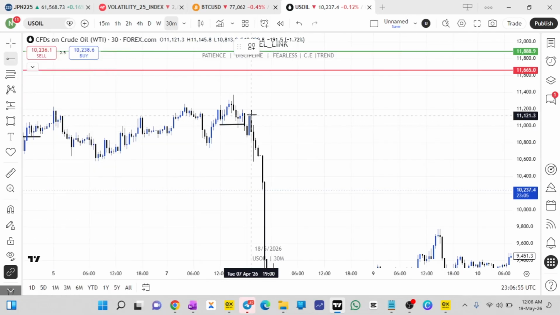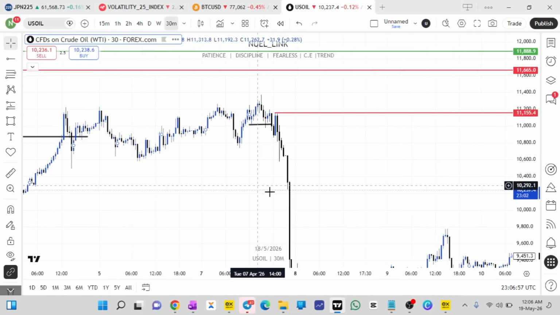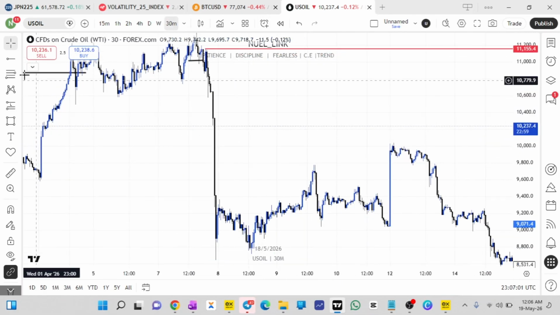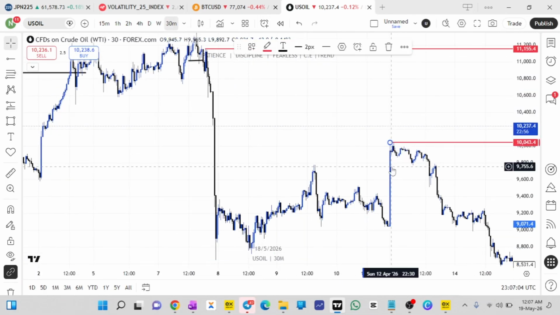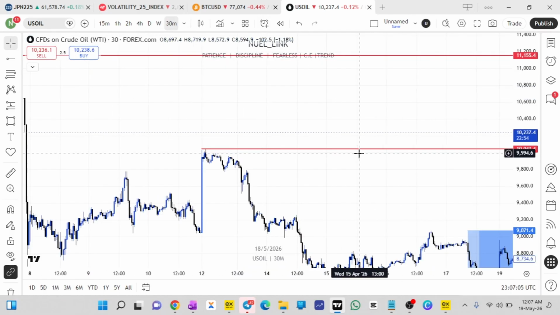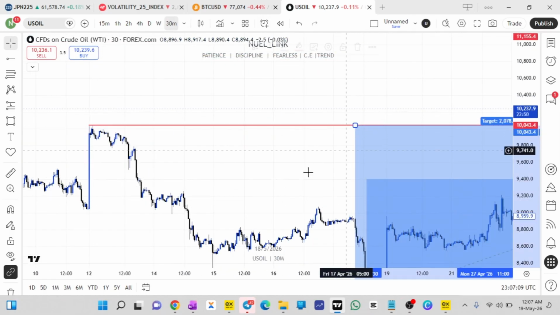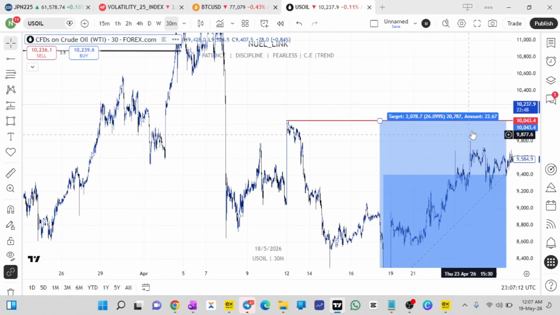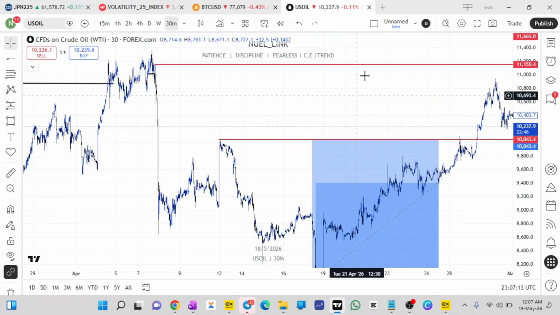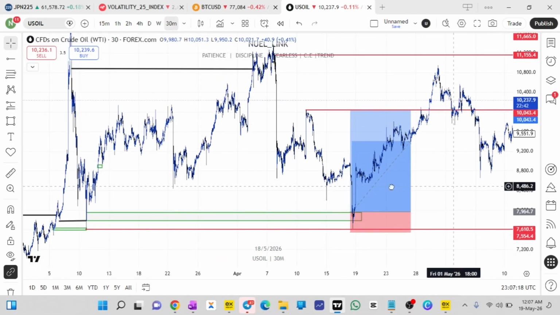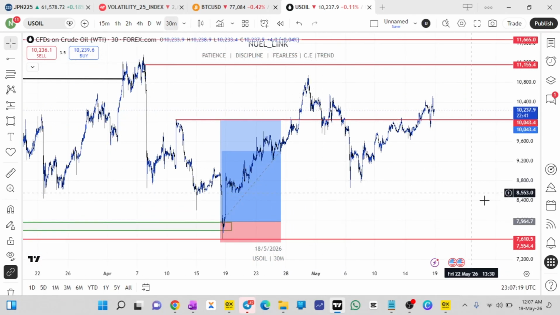So this was TP, this was DOL2. Then DOL1 was here, so I took partial here, then DOL2. So there are two TP zones. Ultimately, this was my full take profit here. I took partial here at 5R. Then the price came back.